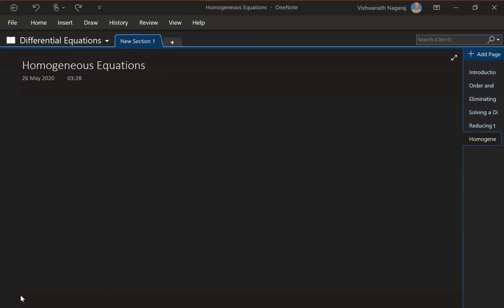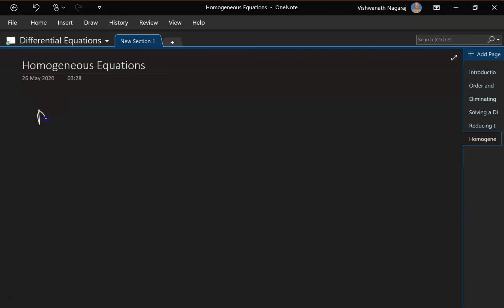Homogeneous equations. Till now, we have seen a direct method of solving differential equations by separating the variables, and another method in which we reduce equations which can't be solved directly by converting them into variable separable form.